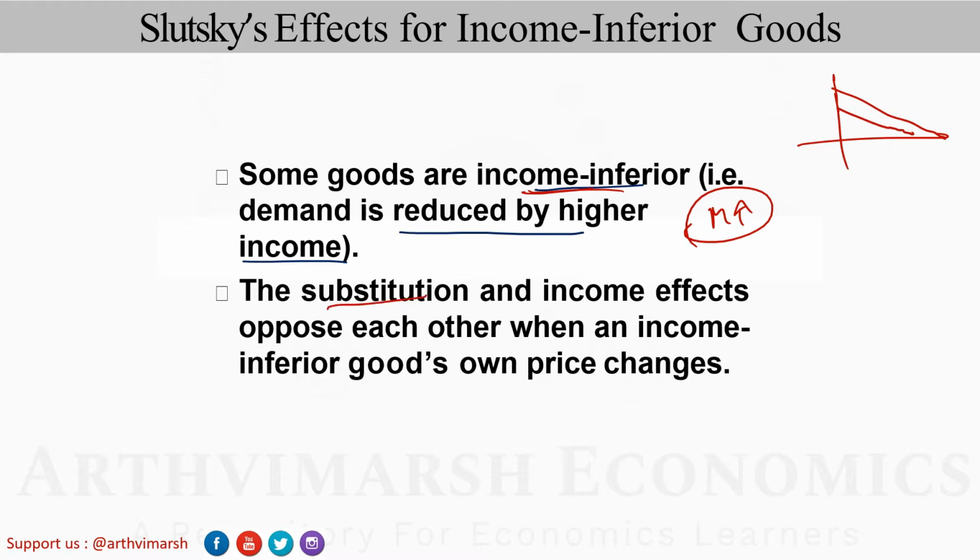So the substitution and income effects work in opposite directions. For example, if X1 is inferior and income goes up, the opposite behavior is going to be there.